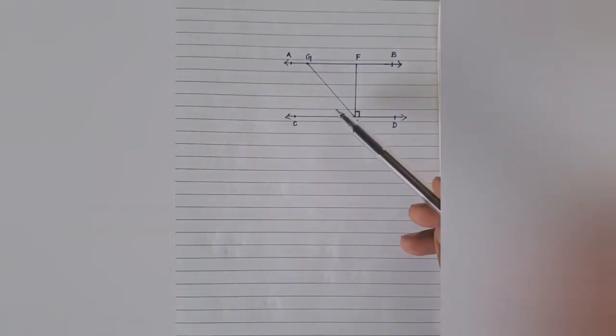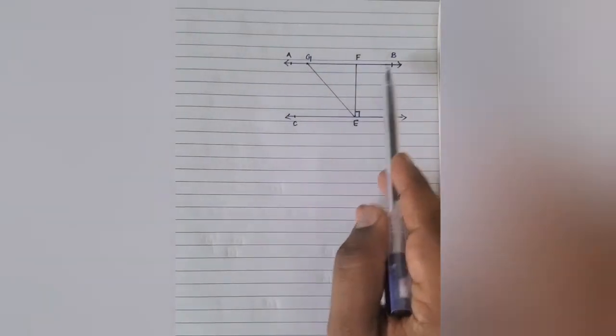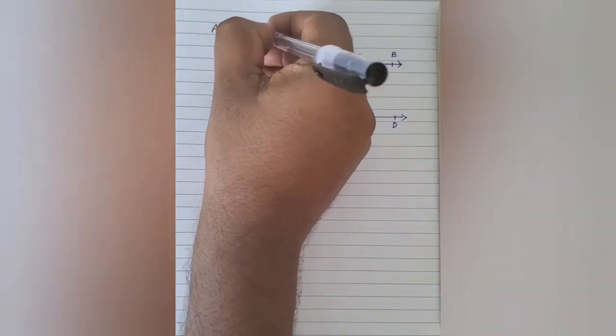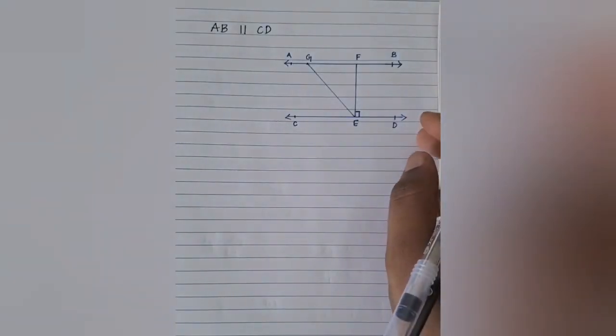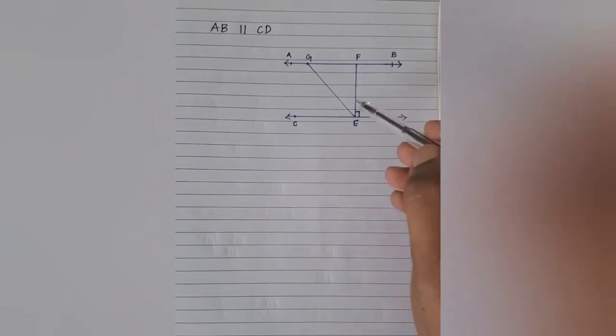Now, in question number 3, it has been given that AB is parallel to CD. Fine, let me write that. AB is parallel to CD. All good. And it is also given that EF is perpendicular to CD. Where is EF?